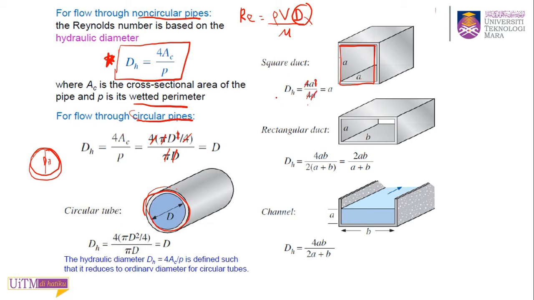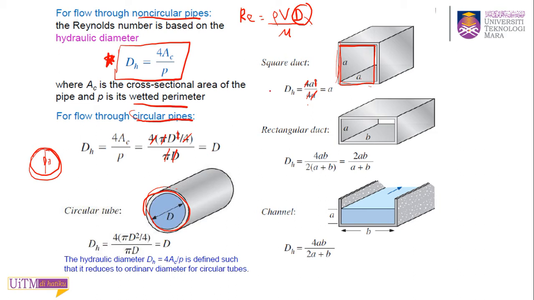It will give you the hydraulic diameter for a square duct equal to A, the length of this square, or the width, same, as for a square the length and width are the same. So the D inside the equation will equal A for a square duct.